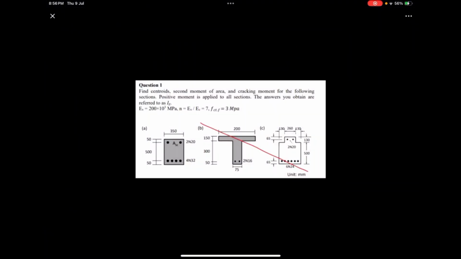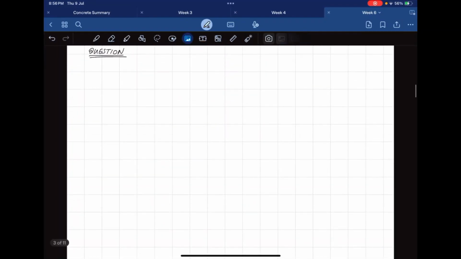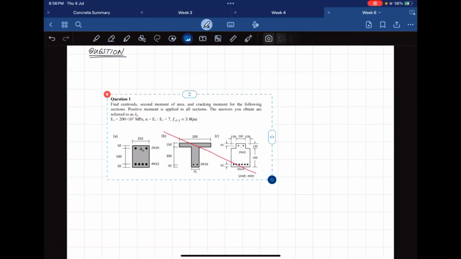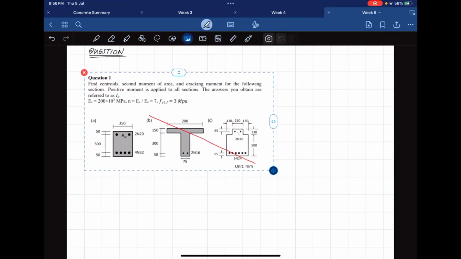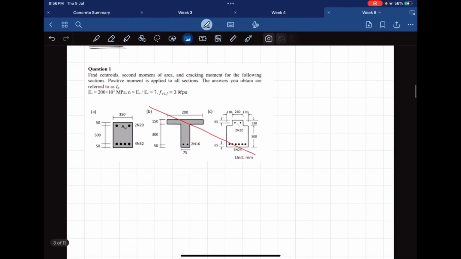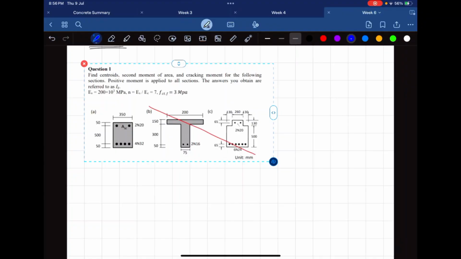This is from your workshop. I'm going to try to explain just part A. They're saying find the centroid, so this is dn. Second moment of area, that's Ig.